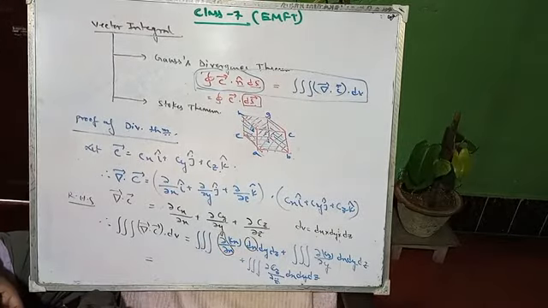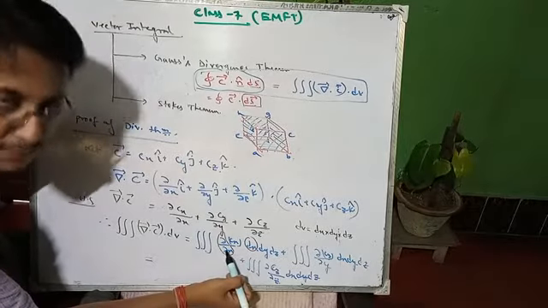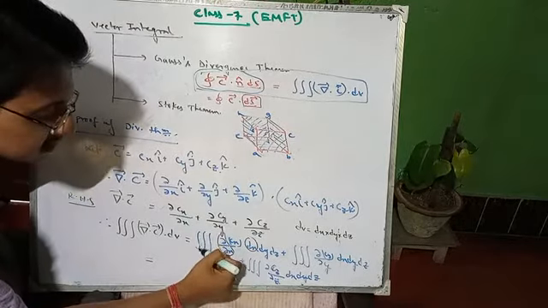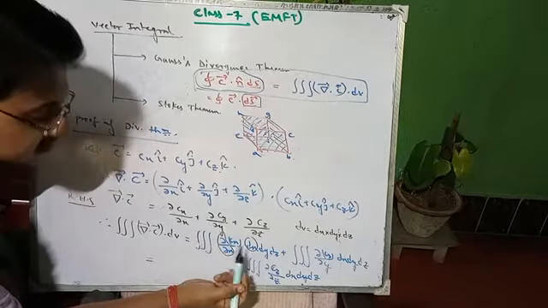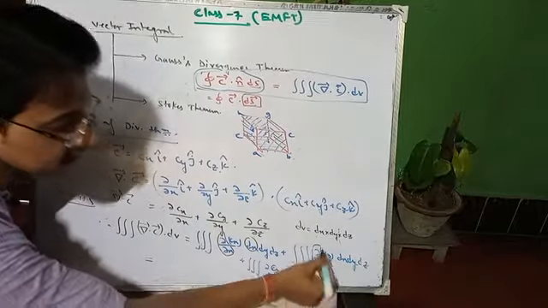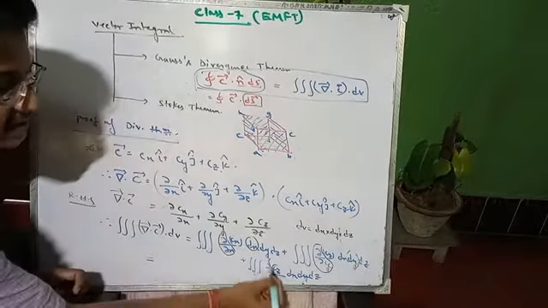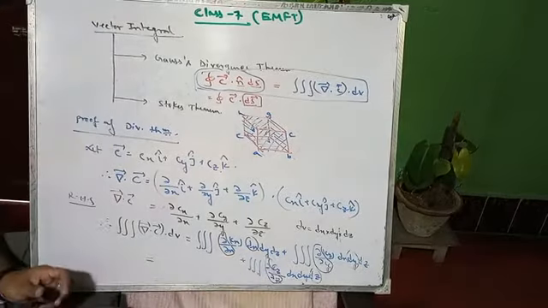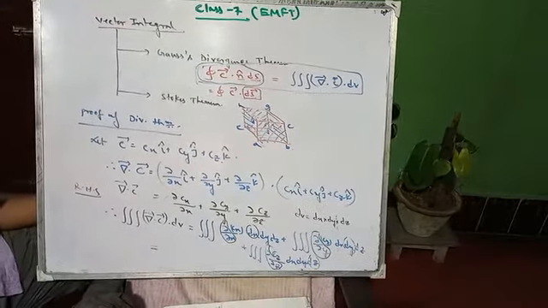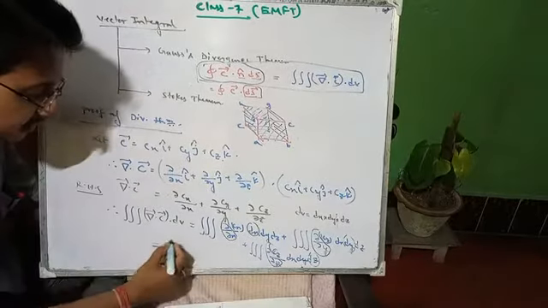Now see, del x multiplied with dx can be cancelled out. If we cancel del x with dx, one integration vanishes. Similarly del y with dy will be cancelled out, and del z with dz will be cancelled out. So what will be your answer now?